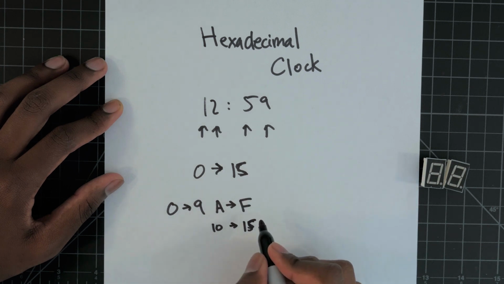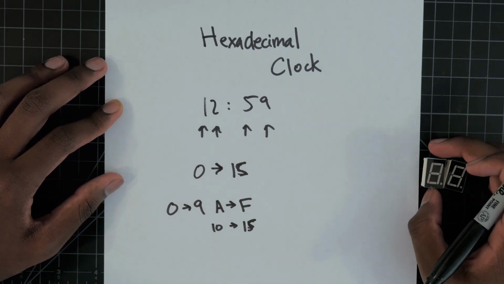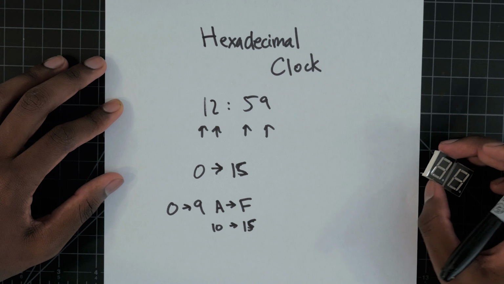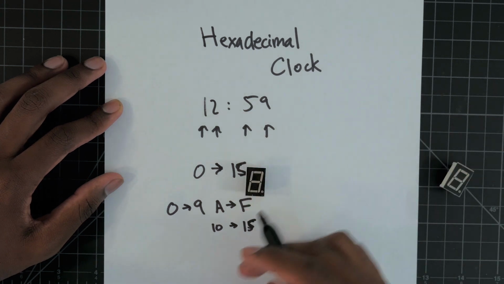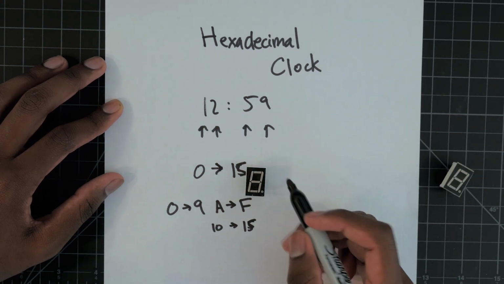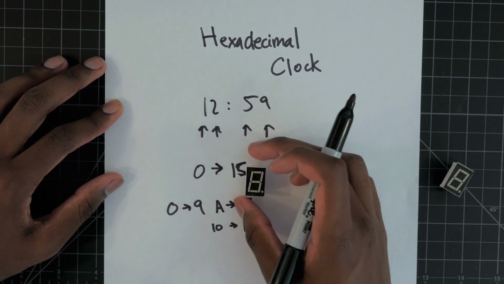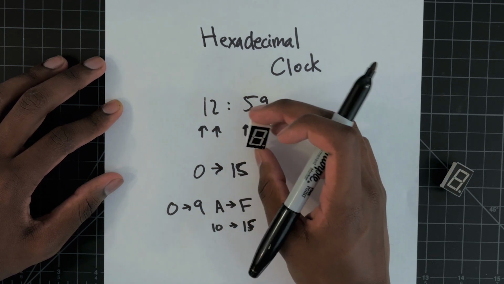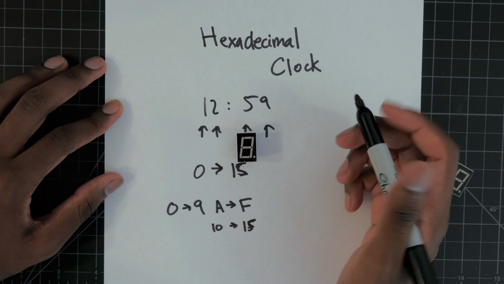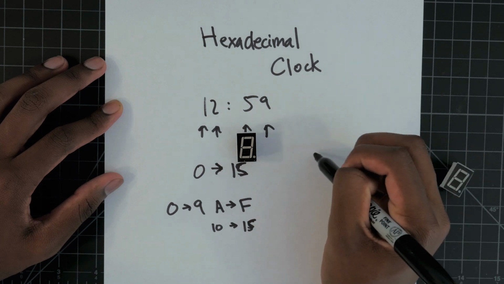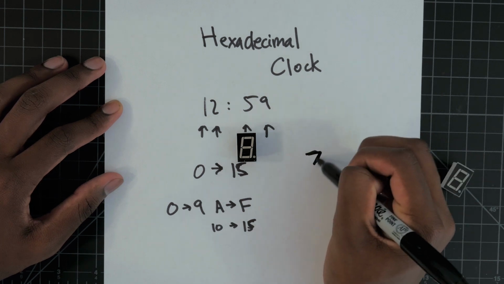So with 1 digit you can actually show the numbers 0 through 15. And all these numbers and letters correspond to their own shape on this 7-segment display, so we have no problem there.